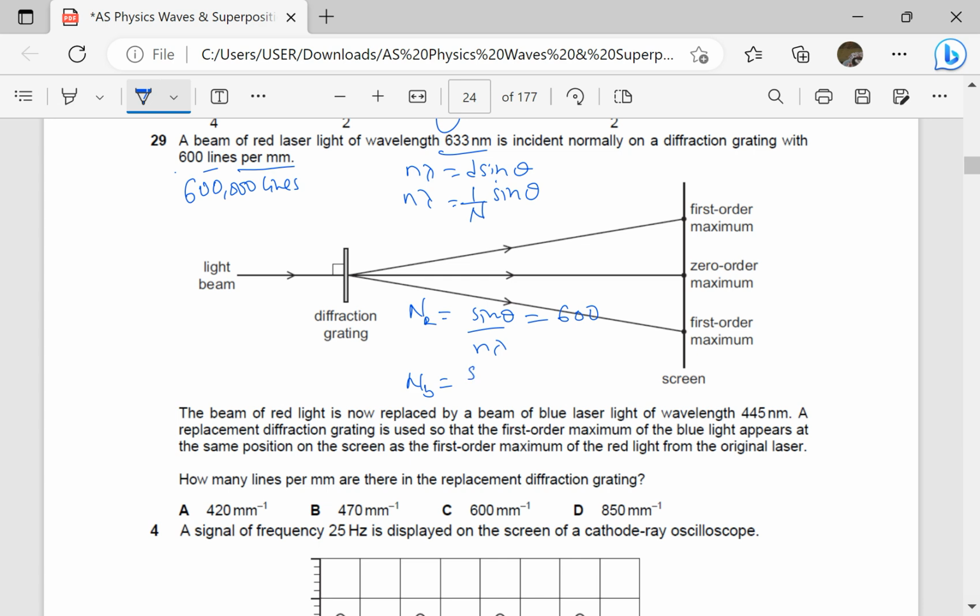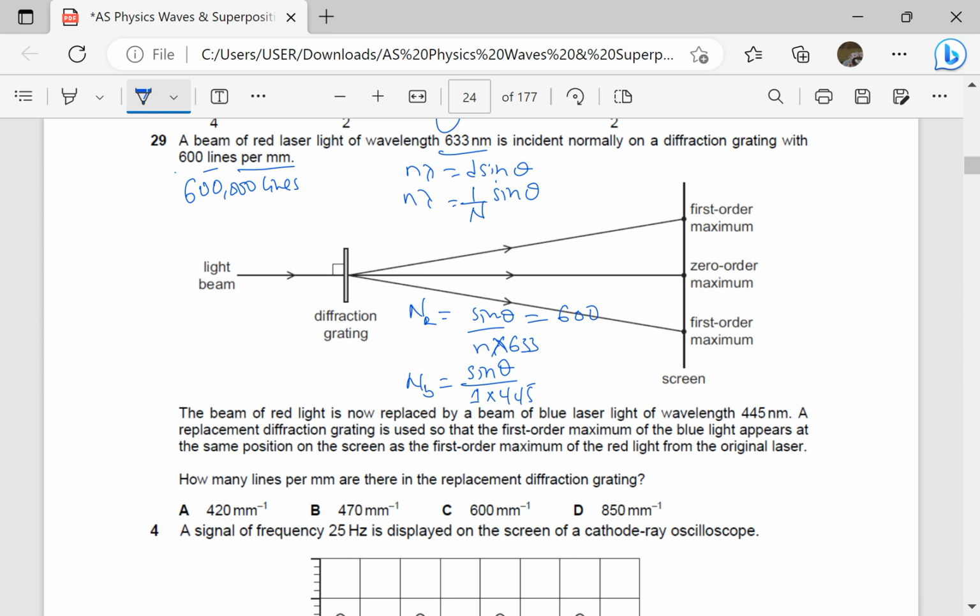So sine theta remains the same, and n is still 1, but the wavelength here is 445, and the wavelength there was 633.